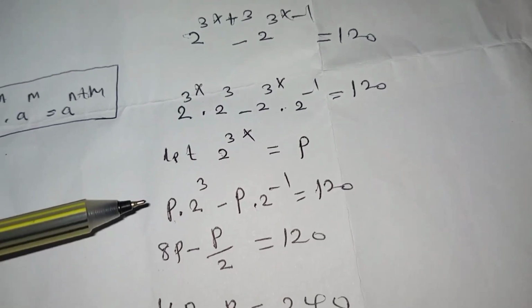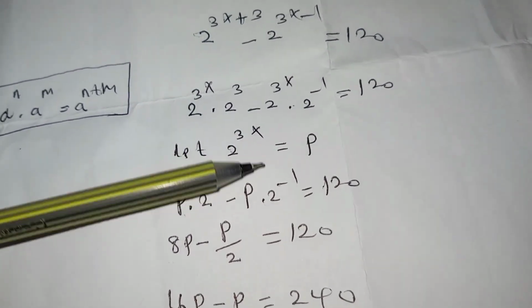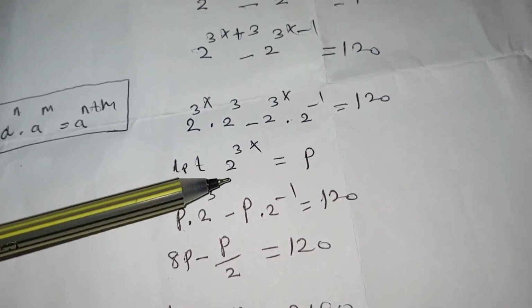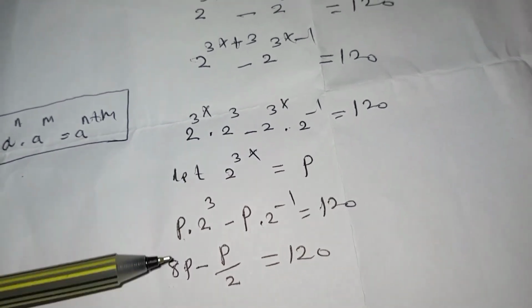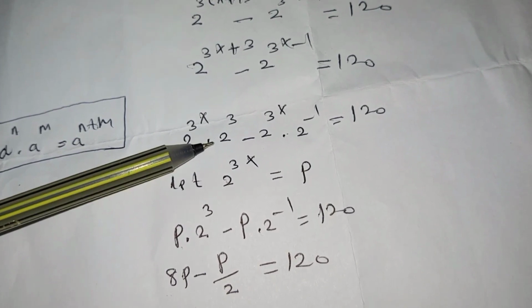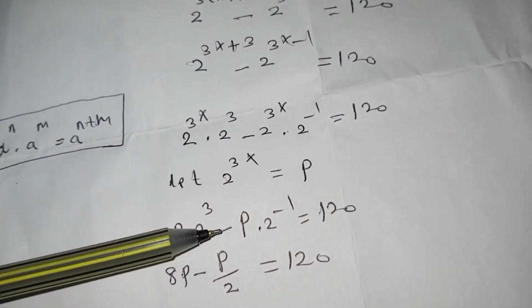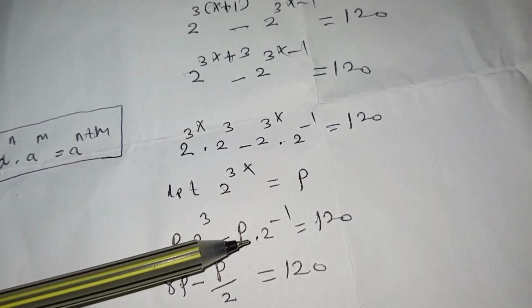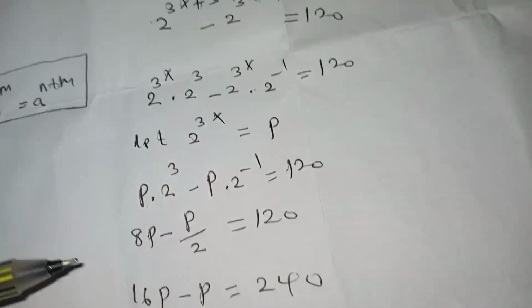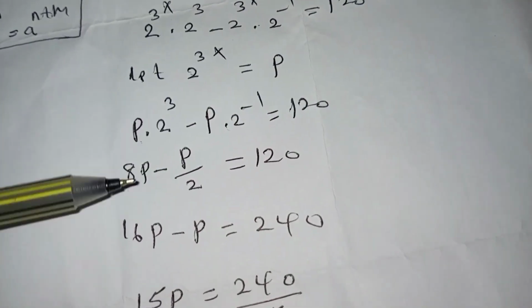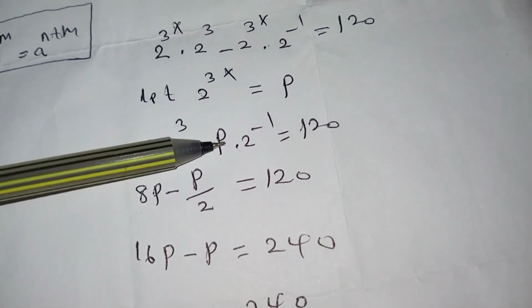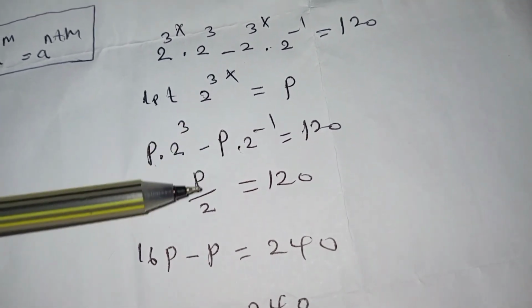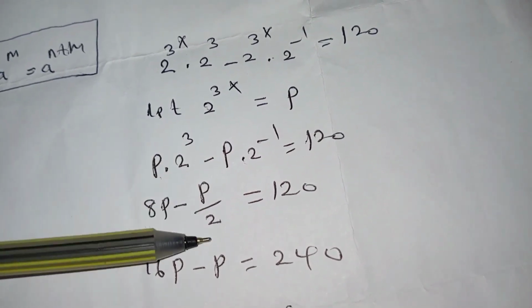Then we made the substitution of p to be equal to 2 power 3x. Substituting there, we have p multiplying by 2 power 3 minus p multiplying by 2 power negative 1, which is equal to 120. 2 power 3 is the same as 8. 8 multiplying by p is 8p. 2 power negative 1 is the same as 1 over 2. 1 over 2 times p is p over 2.